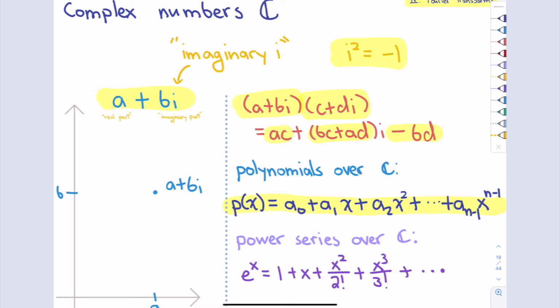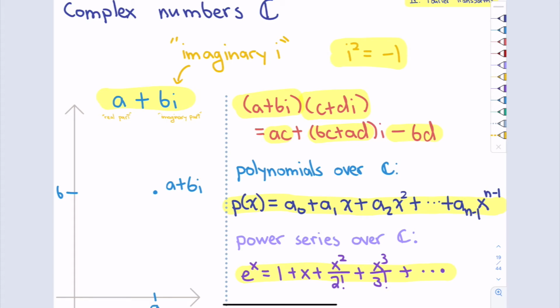You may know that e to the x is equal to 1 plus x plus x squared over 2 factorial plus x cubed over 3 factorial plus x to the 4 over 4 factorial and so forth. So it's an infinite sum. But those 4 factorials, 5 factorials, 6 factorials grow so fast, this sum always converges. It won't go off to infinity. It's much faster than a geometrically decreasing sequence for any fixed x.